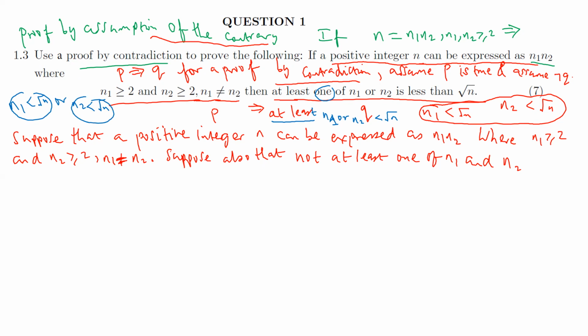So if you negate these, N1 becomes N1 greater or equal to the square root of N, and this one becomes N2 greater or equal to the square root of N. And then the OR becomes AND.